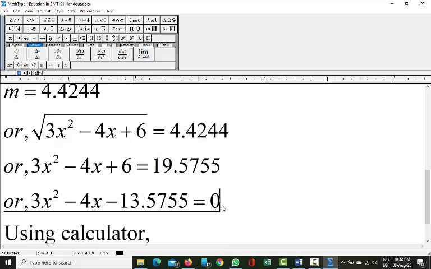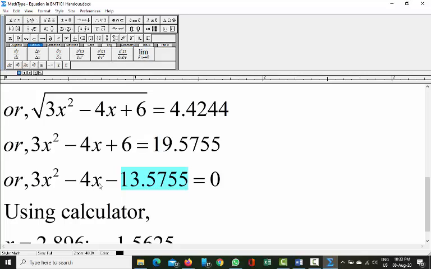Now if you bring this to the left hand side, here we have plus 6, and it will become minus, so 6 minus this one, which means we will have minus 13.5755.